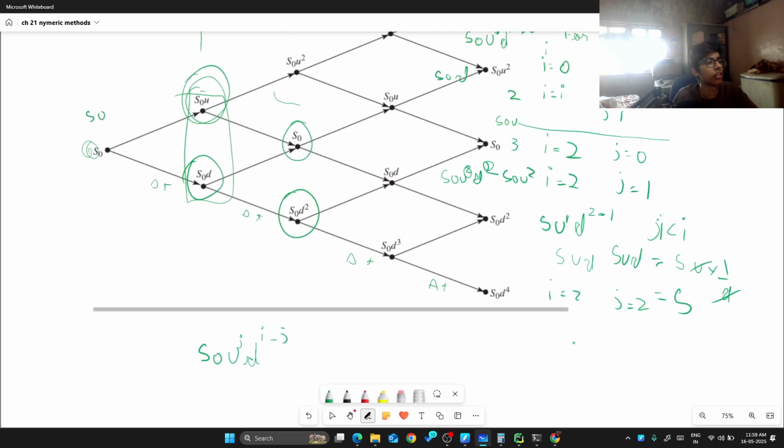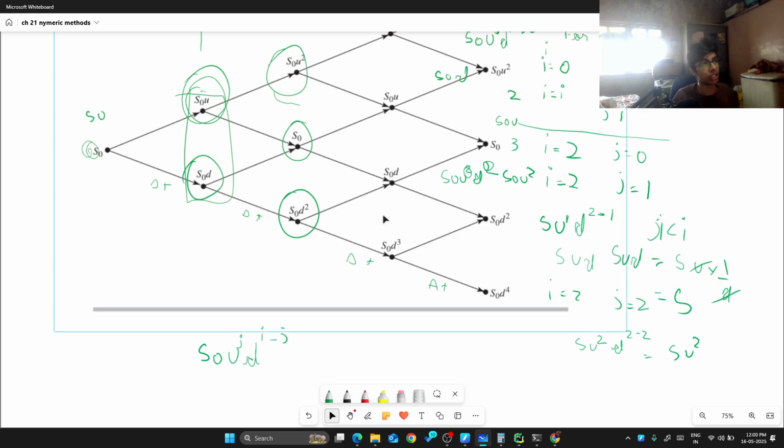And our formula would be S0 u square d^(2 minus 2), that would be S0 u square. And in this way, we construct our tree.